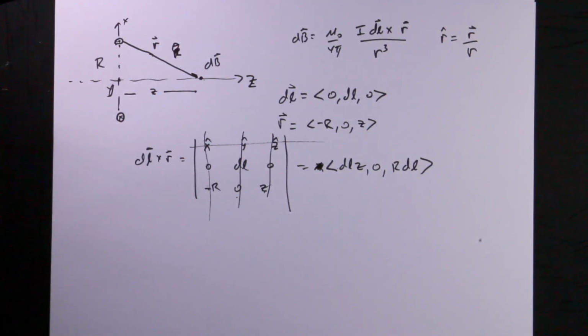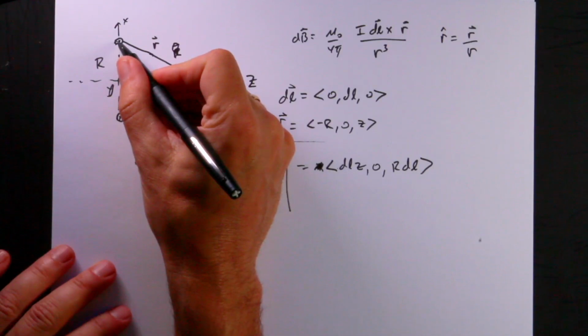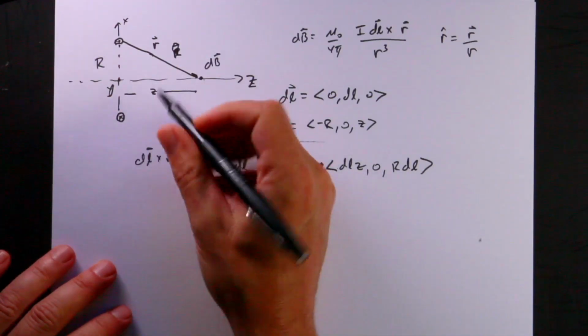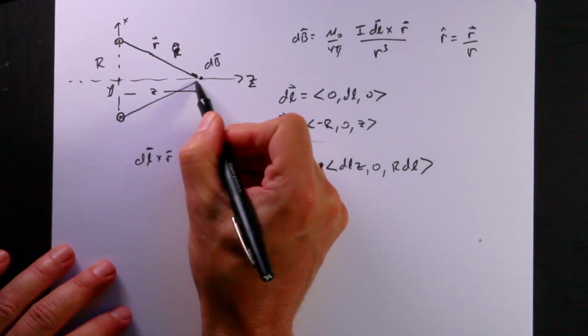Okay? Now, here, sometimes when you solve problems, there are tricks, and you got to kind of know the tricks. And in this case, the trick is to use the symmetry of the situation. So if I have a piece right up at the top, I also have a piece right down at the bottom, and it has this vector for r.